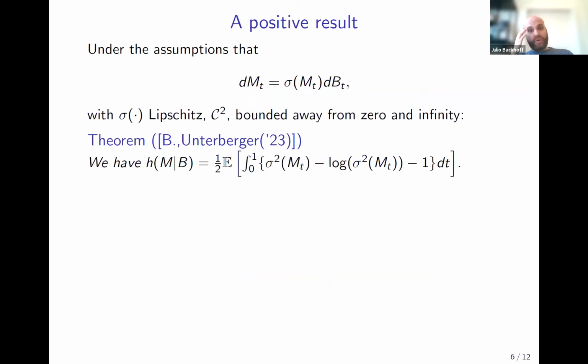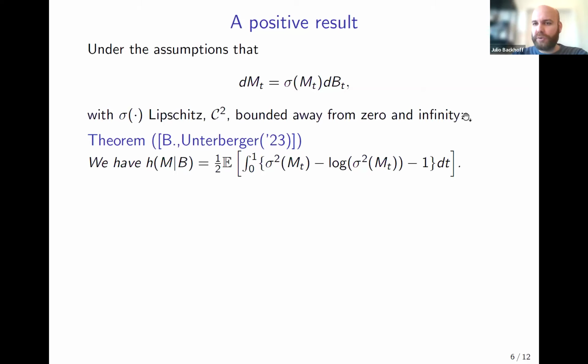So let me show a positive result where we can establish that these bounds match and there is equality. In this positive result, the martingale is solving an SDE with time-independent and very regular coefficient sigma.